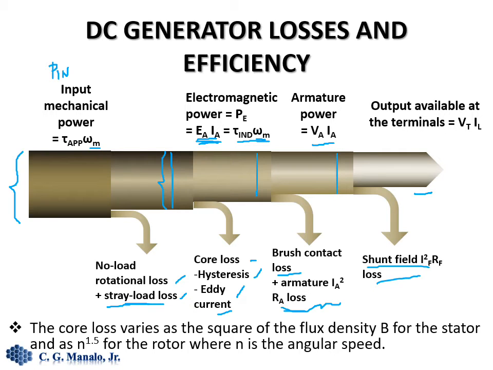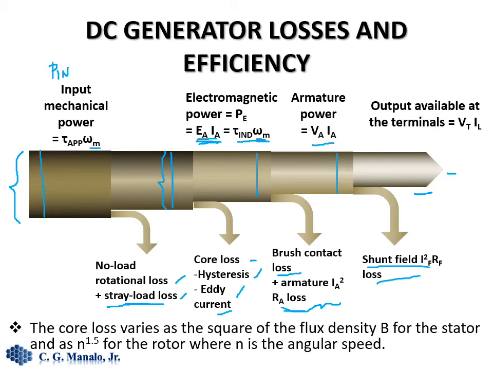So that is how this power is distributed across the generator as it moves from the prime mover up to the output of the generator.